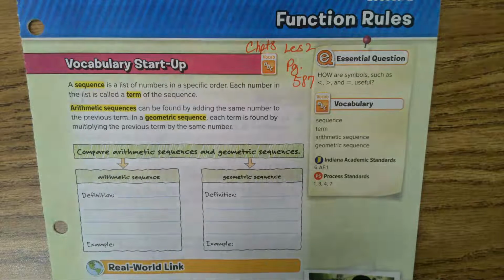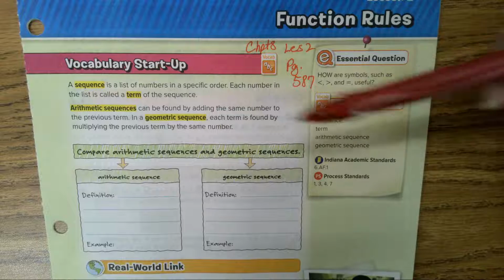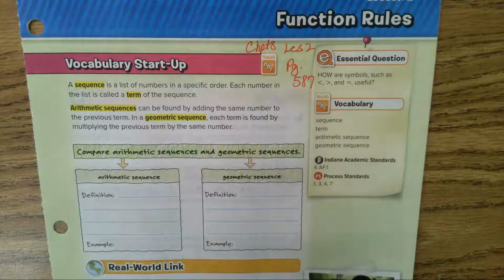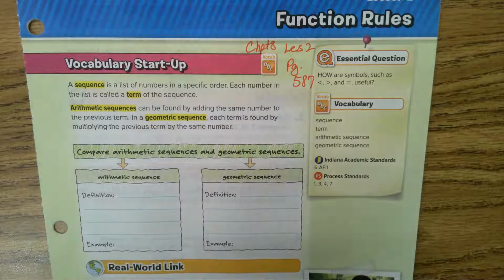All right, so now it has us comparing different terms or sequences. Compare arithmetic sequences and geometric sequences. Okay, so what they want us to do here is talk about how they're alike and different.